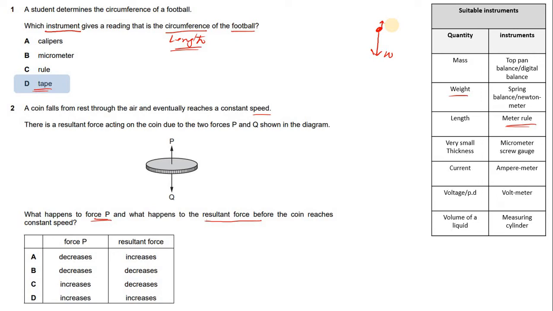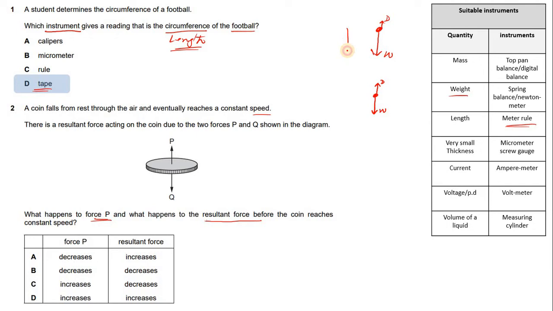What happens as the object falls down? Weight remains the same, but the drag force increases. This drag force keeps increasing as the object falls down. Now due to these two forces we have a resultant force.